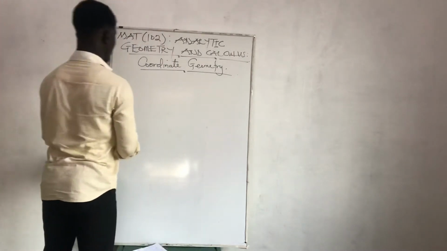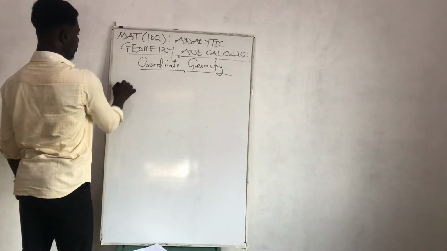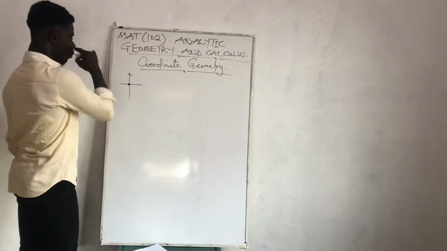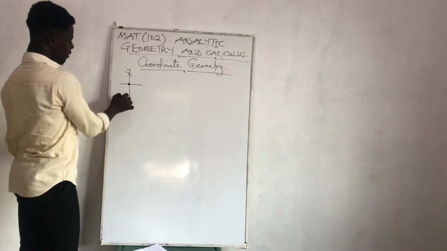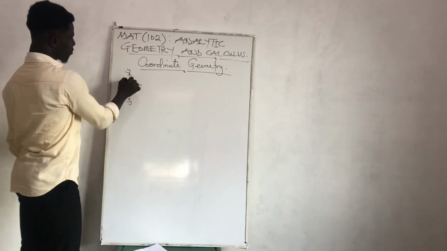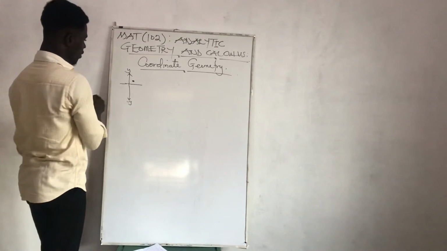So if I have a point in the OXY plane, that's the y-axis, then my negative y-axis. Let's see the point here, that's somewhere here. That's the first quadrant, right?